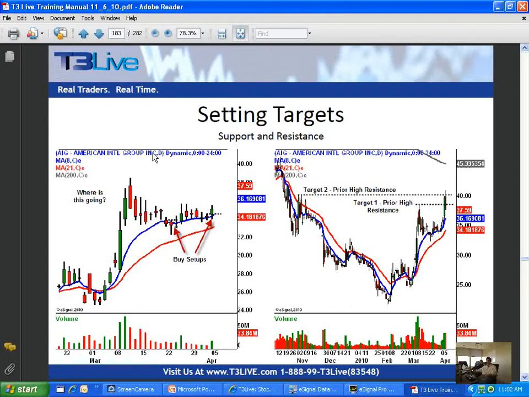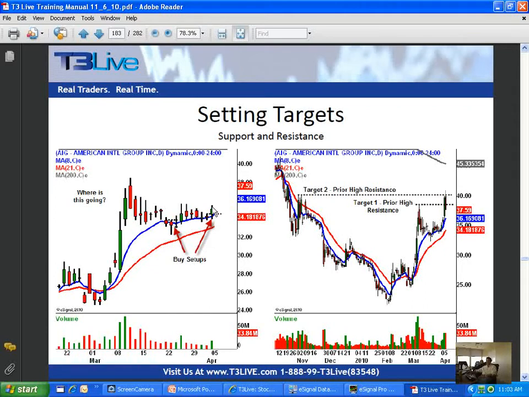This is a daily chart. You have a buy setup here at a moving average. It tails back up. You buy through the prior bar's high at the moving average, and you have another one over here, and you say to yourself, well, where is this going? Okay, based on the data here, what can you determine about resistance? Where do we know minor resistance lives in this particular chart to the left?